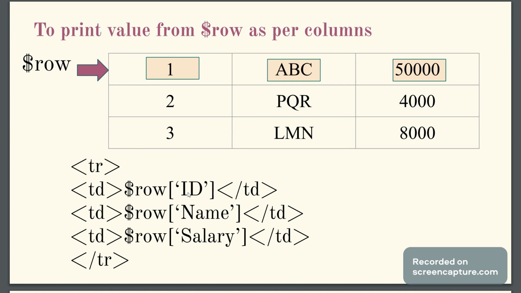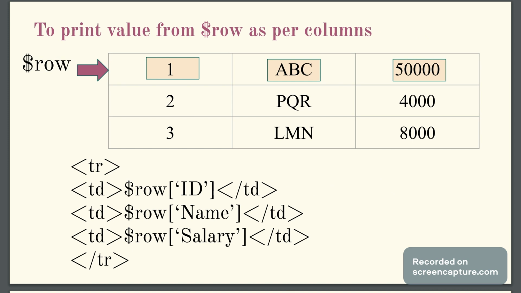Then from the second data cell we want the value from the first row, and from the name column that will be printed in the second position, and in the third cell we will be getting the record from this $row and having the column value from the salary column, and we have to end the row. This process will be repeated as long as rows are fetched from the result set.